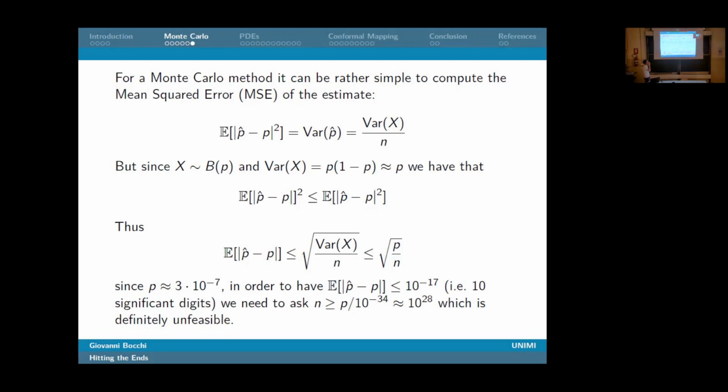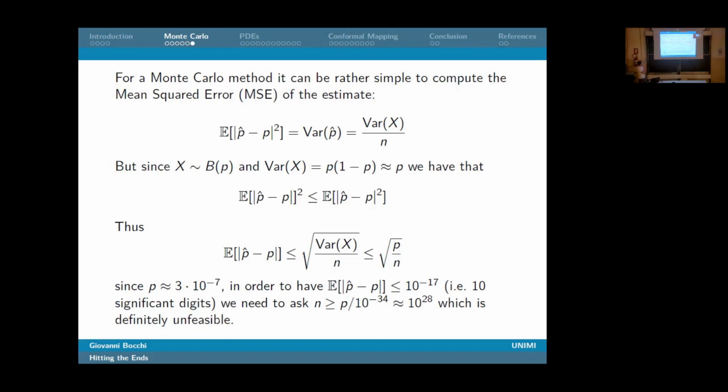But since, from what I said before, X could be modeled with a simple Bernoulli random variable of parameter p, we have that the variance is p times 1 minus p, but since p is really small, this is approximately p, and so we can also use the fact that the expectation squared is less than the expectation of the square to conclude that our absolute error in expectation will be less than the square root of p over n.